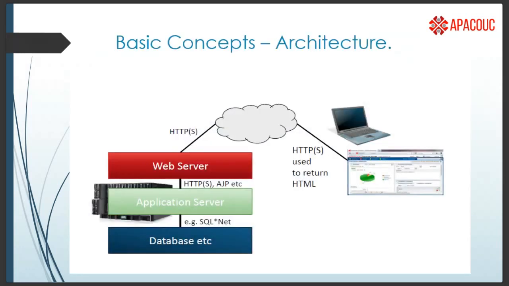So the basic architecture for WebLogic, as you see it here from the slides: we have a client PC connected to the infrastructure, for example, or to the network. In the infrastructure, as you see here, we have a web server and an application server connected to a database.